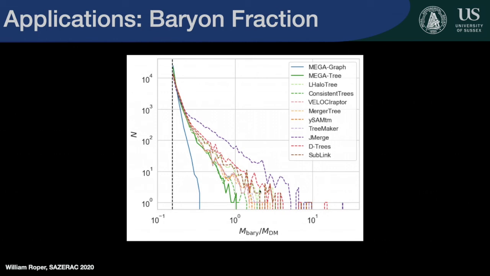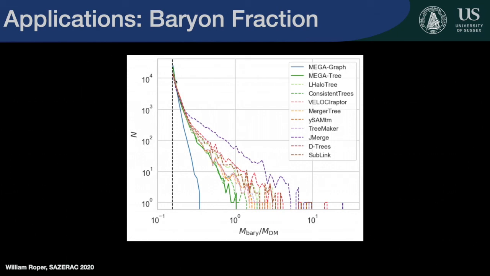I just want to point out that the Mega trees do best here out of the different tree algorithms, with only two halos which exceed the dark matter mass in baryon mass. But some of the other algorithms show all the way up to 10 times as much baryonic mass as dark matter mass, which is obviously nonsense.